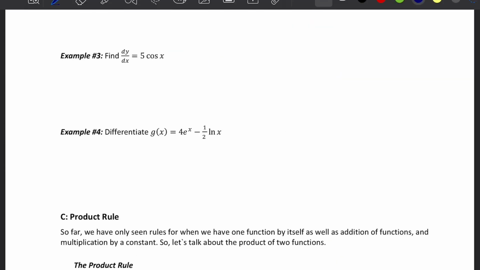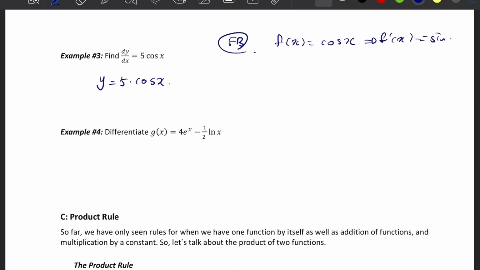Then let's try example 3. We need to differentiate the function 5 times cosine x, so we need to find dy over dx. We know that function y is equal to 5 times cosine x, and from your formula booklet, when we differentiate cosine x, it becomes minus sine x.